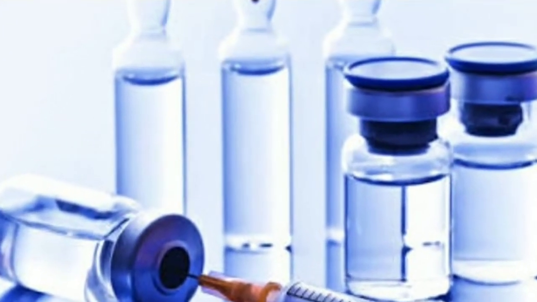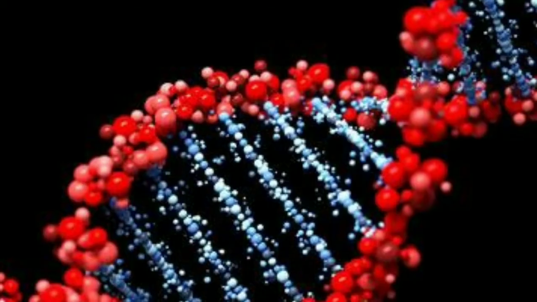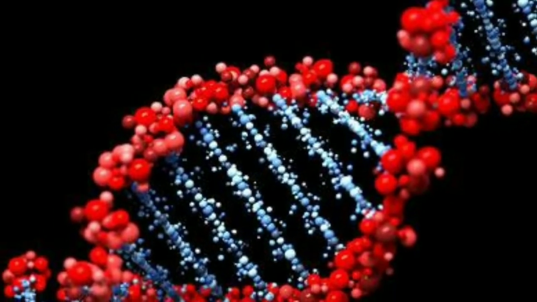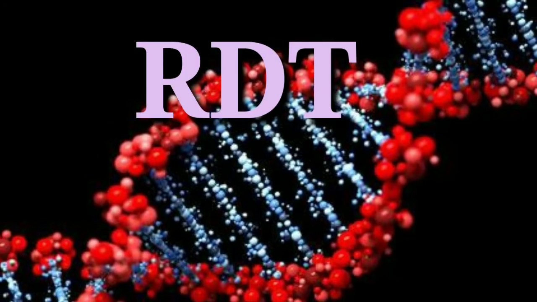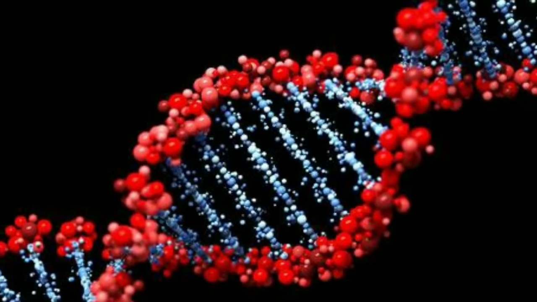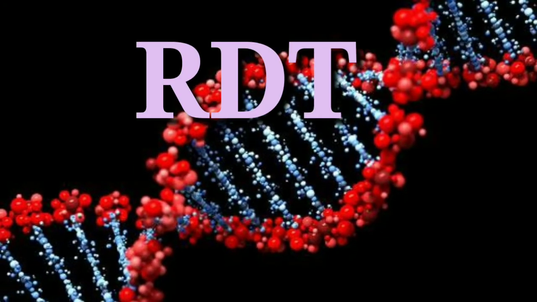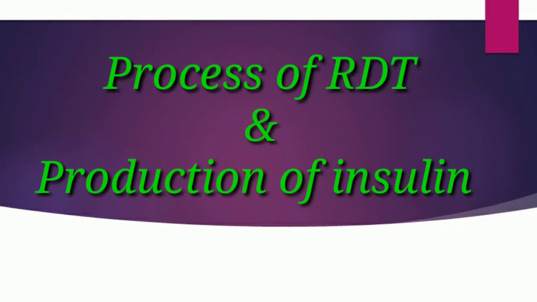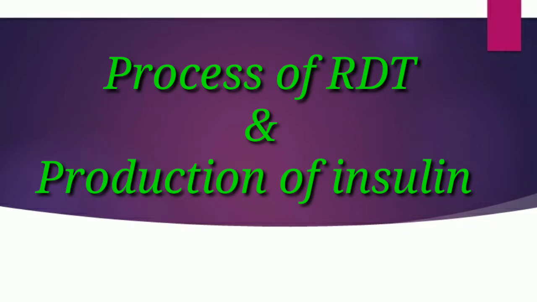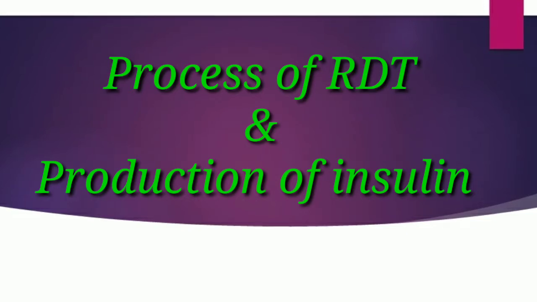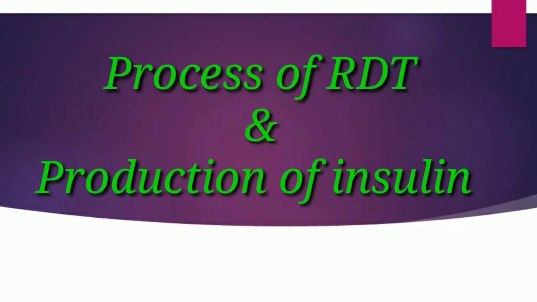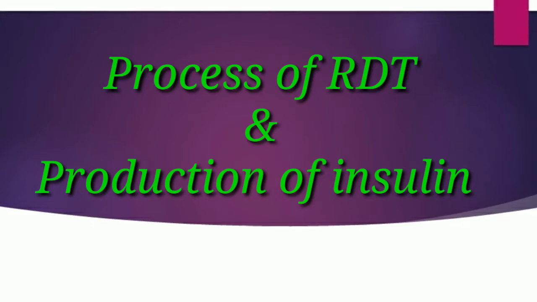Let's start. In previous classes, we discussed recombinant DNA technology, the tools of recombinant DNA technology, and also the total process of recombinant DNA technology, and then we discussed some examples of products which are produced using recombinant DNA technology.